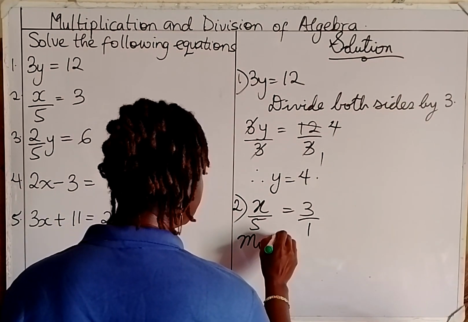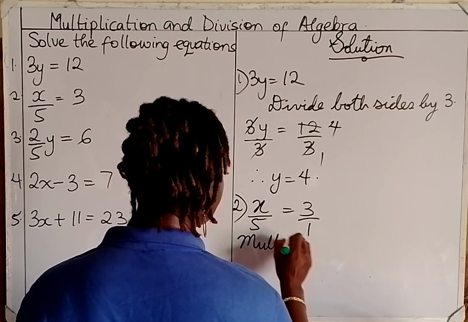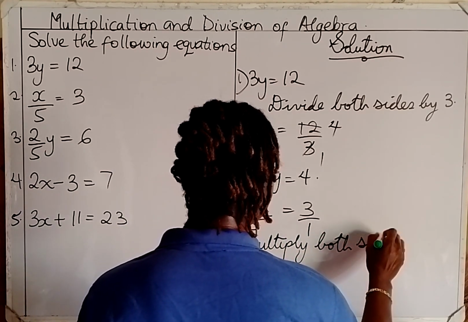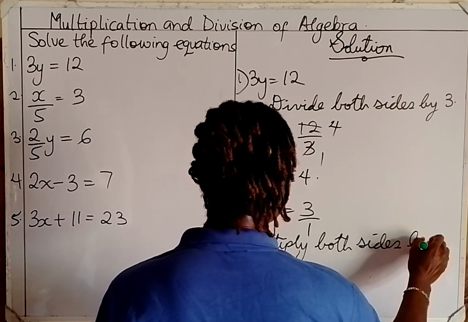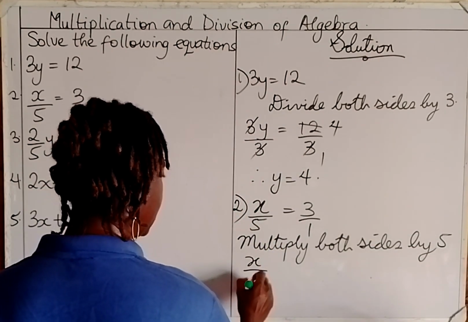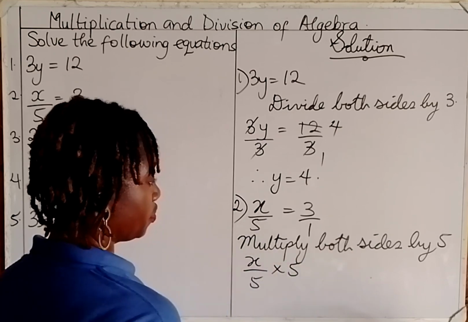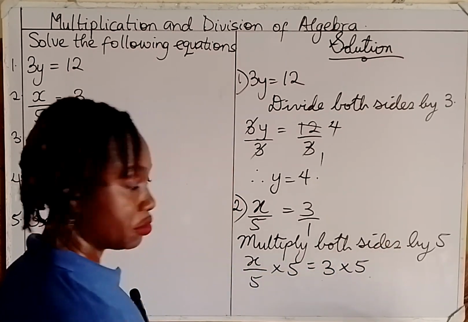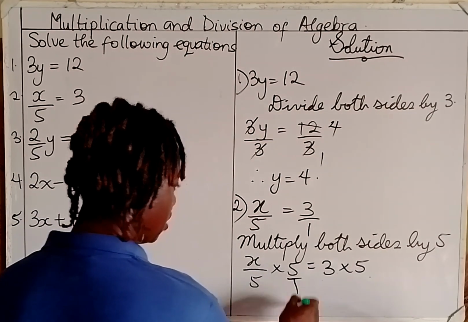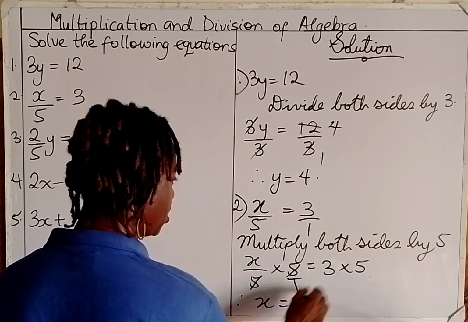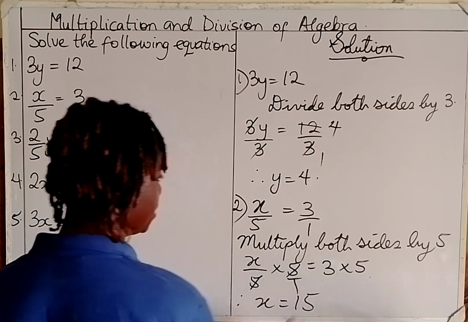Now we have x over 5 times 5 equals 3 times 5. Then we divide by 5, and we're left with x equals 3 times 5, which is 15.